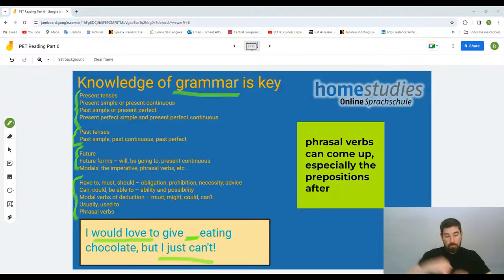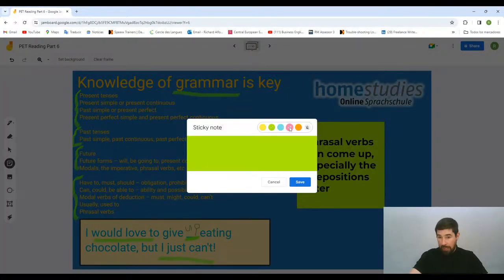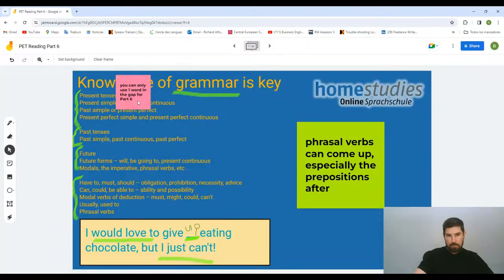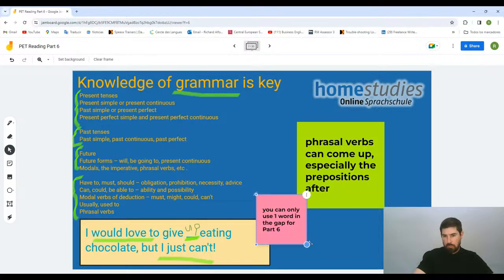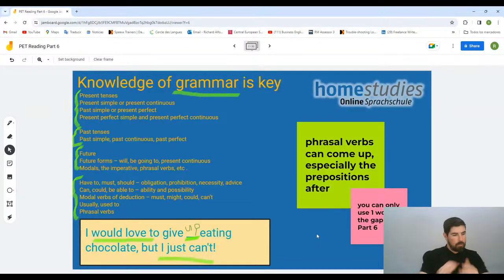So our one word is up. Let me write that in here, give up. And I'll just make it clear, if you're joining me a bit later, you can only use one word in the gap for part 6. So give up, stop.